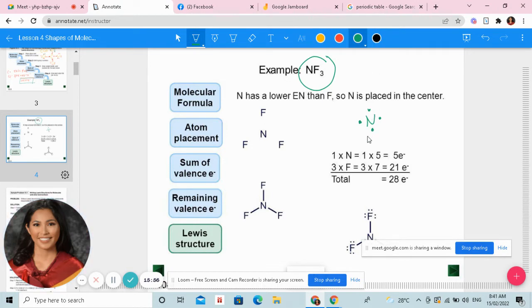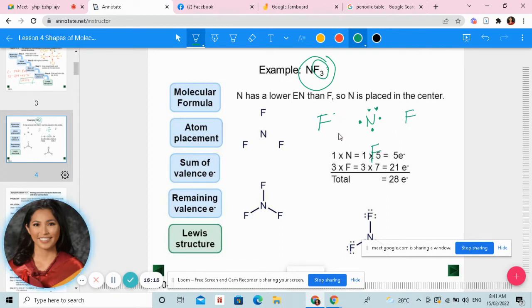Five. Okay, five valence electrons, and we have 3 F. So let's distribute the F. One F, and then we have F here.